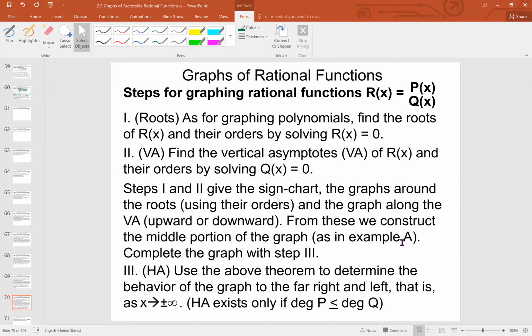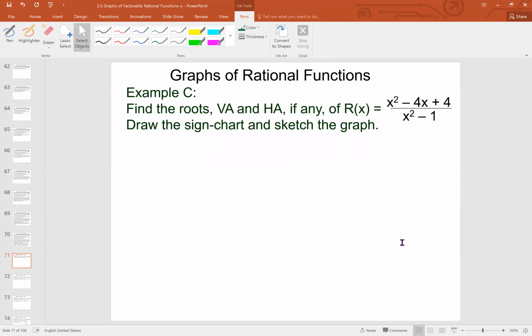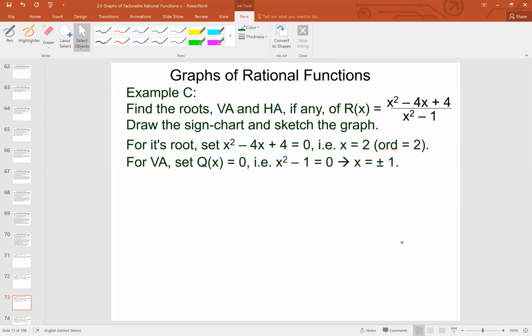Now we come to the middle portion, the portion where we're going to have these asymptotes. And here, first we factor it, and here is an easy version to think about.